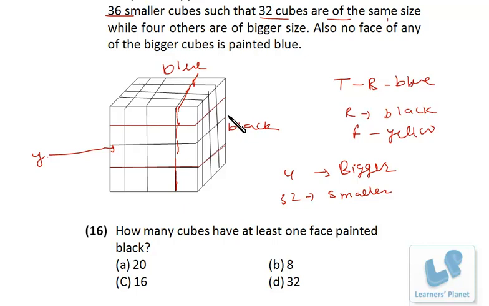This is the rightmost layer, and similarly the same number will be from this layer also, because the opposite sides are black, right? So at least one surface will be black. So in all 10 this side, 10 this side. Okay, so in all this are 20. Okay, out of this 20, 16 are smaller ones and 4 are bigger ones.